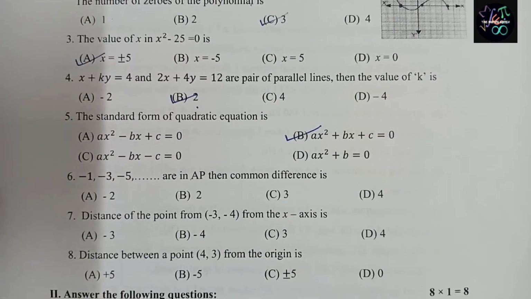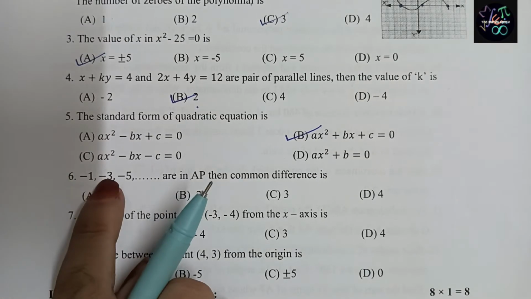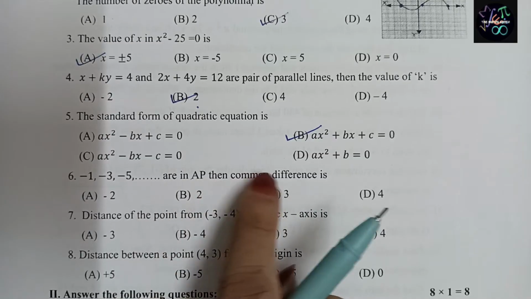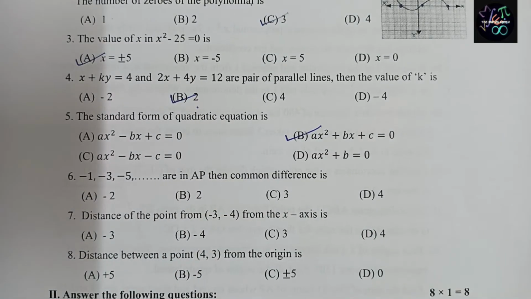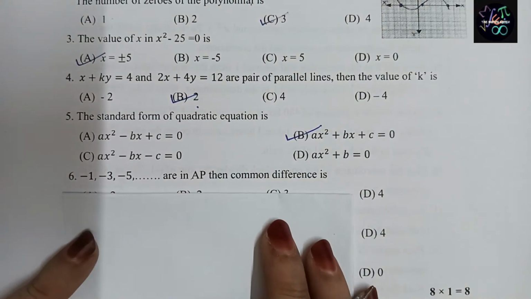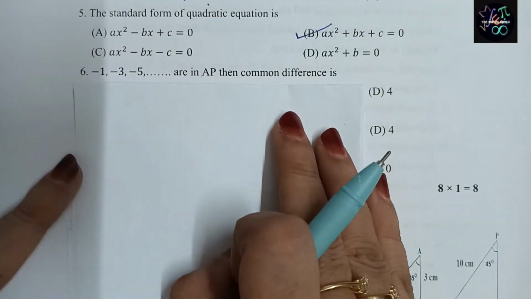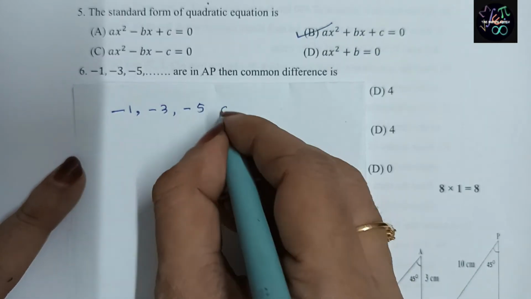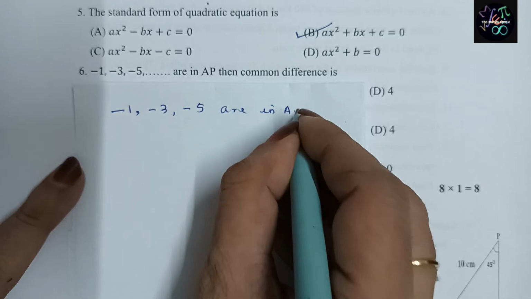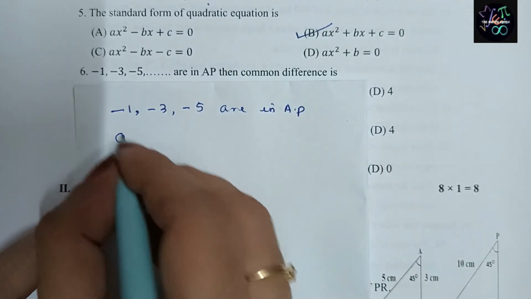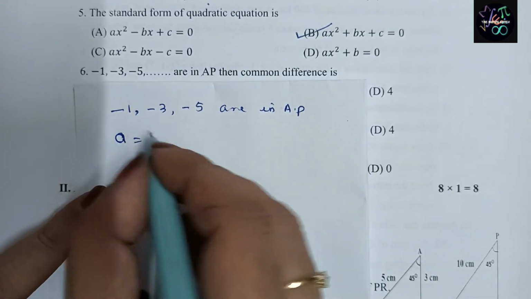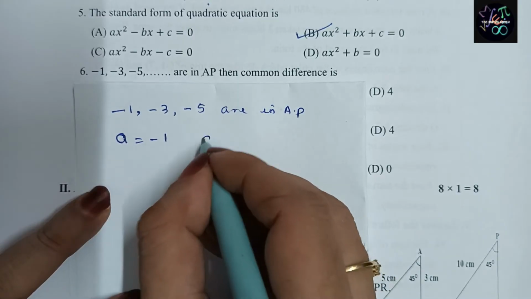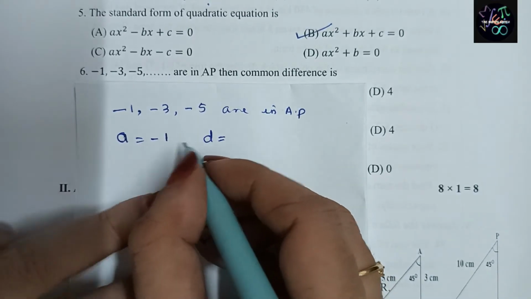Next question, question 6. They have given AP, minus 1, minus 3, minus 5 are in AP, then the common difference is. Okay, here we will solve. First, the value of A, the first term, is minus 1. D is equals to, but they have told common difference.